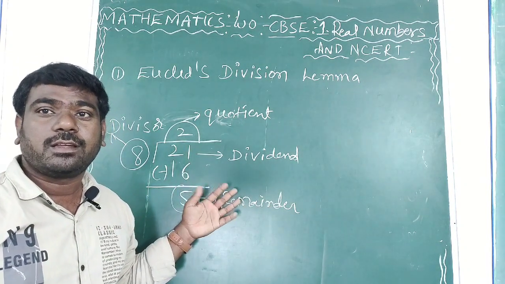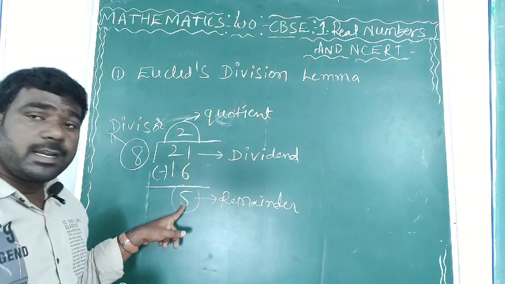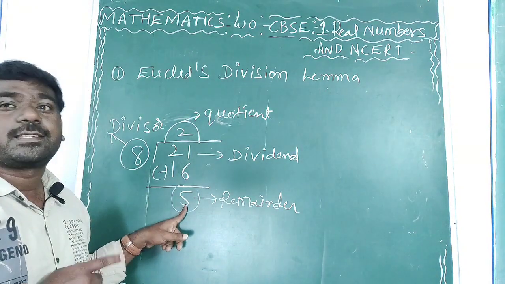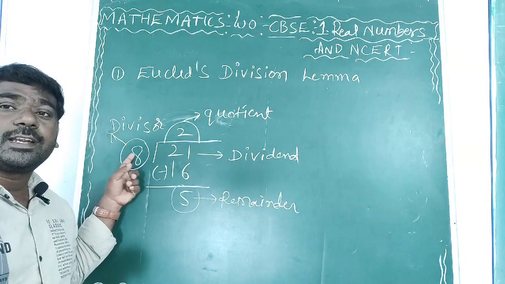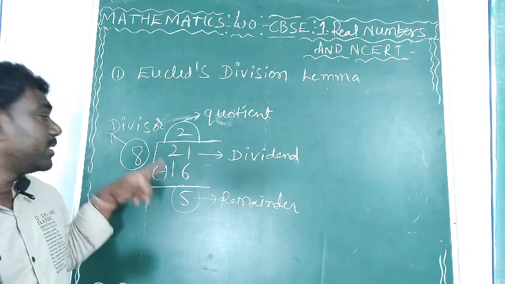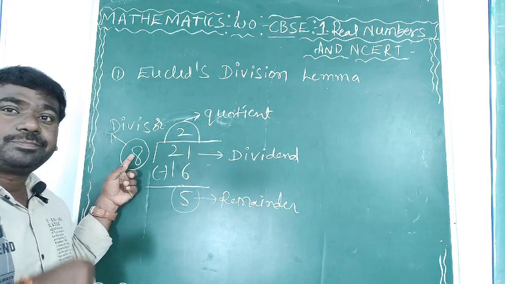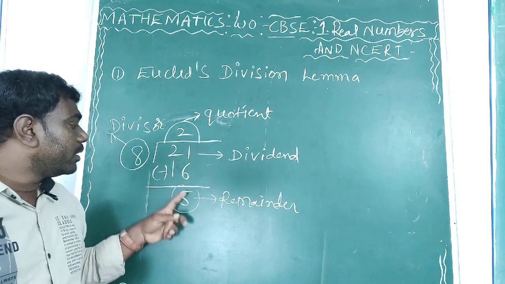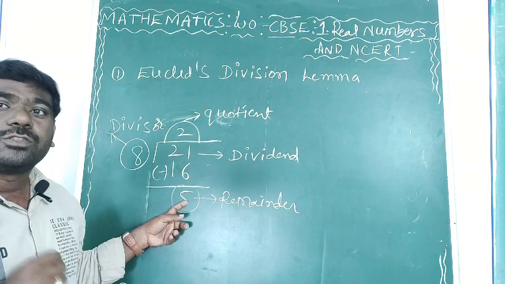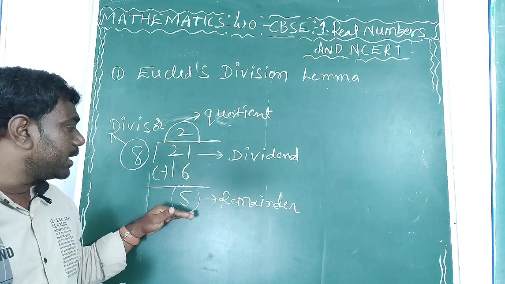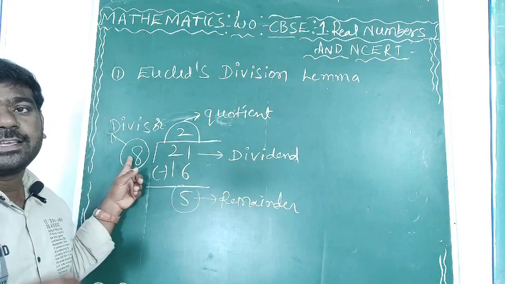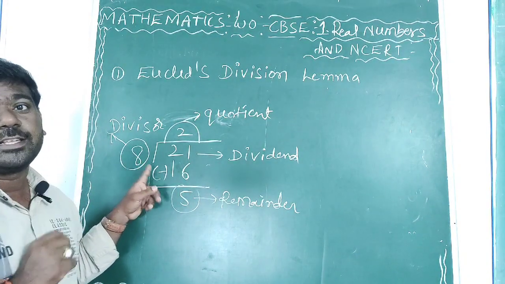Remember, the remainder condition is that the remainder is always less than the divisor. The remainder sometimes may come 0 also. So the condition is that the remainder should be less than the divisor. This is the division process condition.